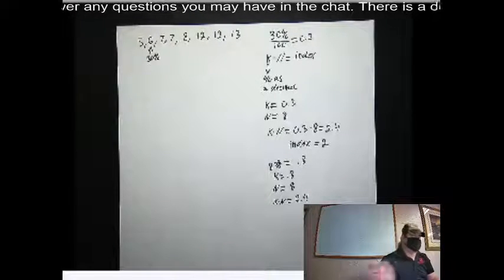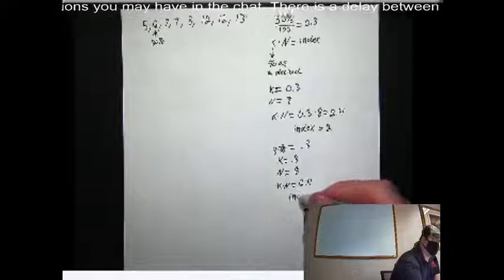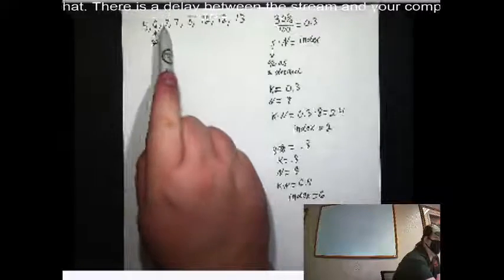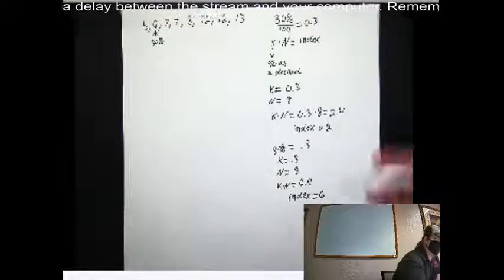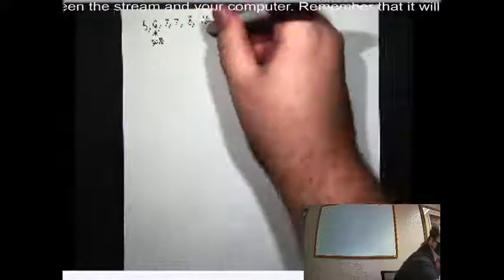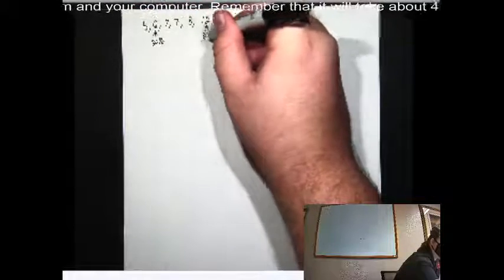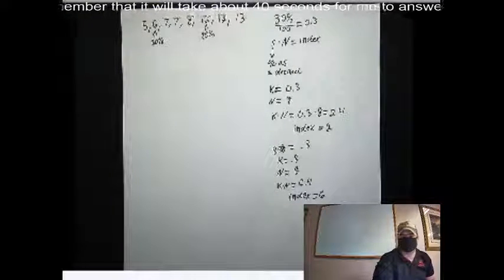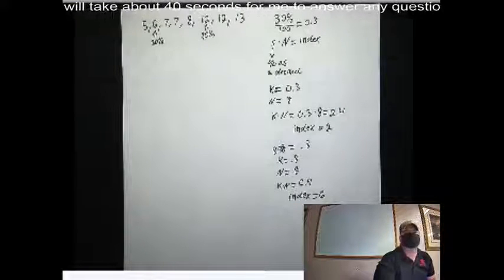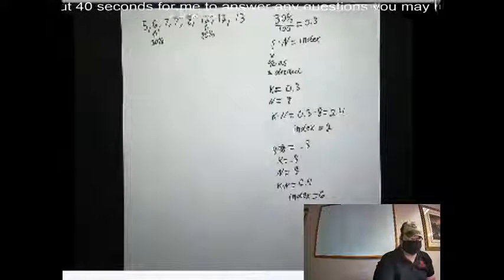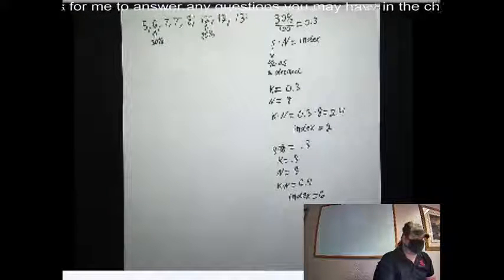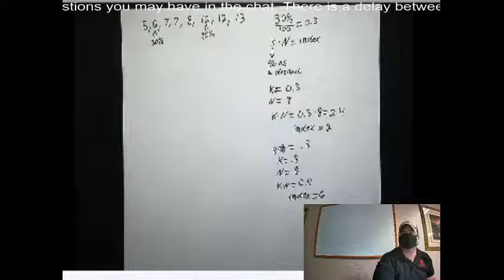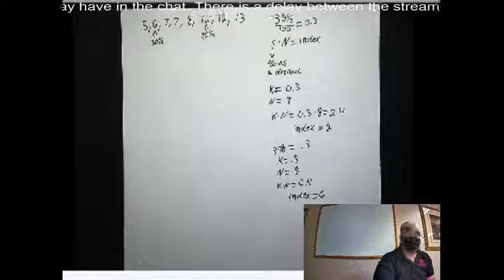So what's our index? 6. So 1, 2, 3, 4, 5, 6. There's our 80% mark. It's just that easy. Any questions? No? Okay.